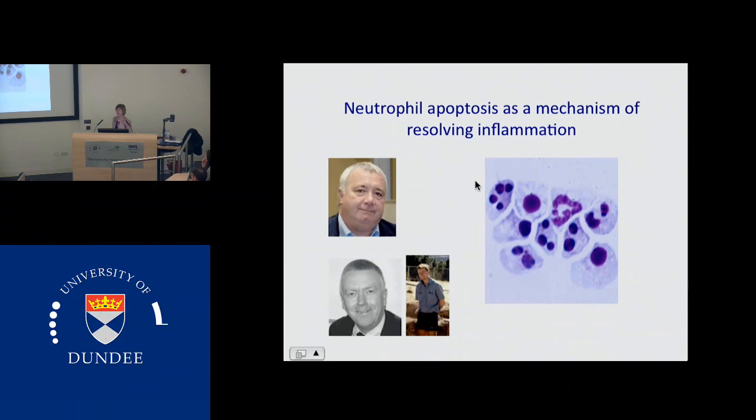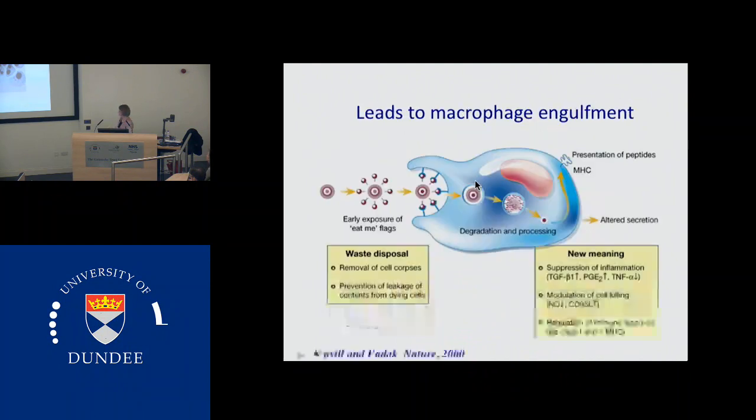That was a very key discovery in the inflammation field at the time, because people had thought a great deal about how neutrophils enter tissue, but people hadn't really thought about how they are disposed of subsequently when an infection is dealt with, for example. So the concept that neutrophils have an inherent suicide program was very interesting in explaining how inflammation resolves, but importantly, potentially giving a way in of modulating this process.